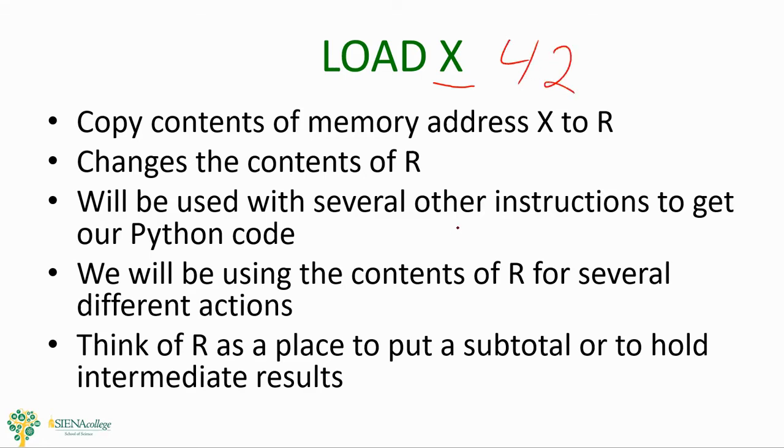When we do, it'll take the contents of address 42 and place it into the register R. The load command changes the contents of R. We'll use the load command with other instructions to get our Python code. We're going to use the contents of R for several different actions. Think of R as a place to put a subtotal or to hold intermediate results.